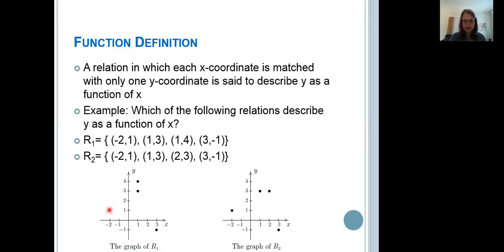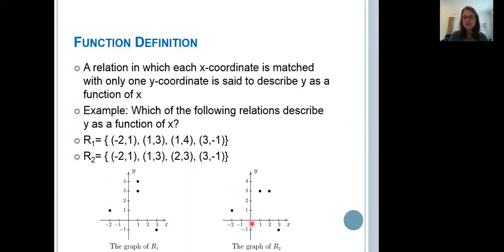We're not going to worry about how I get these things out; we'll get there. Let's look at x is 1. If x is 1, what's y? I don't know, because y can either be 3 or 4. So for an x value of 1, I've got two possible y's. So relation 1, this top one, is not a function, because I don't know exactly what the output will be for an x of 1.